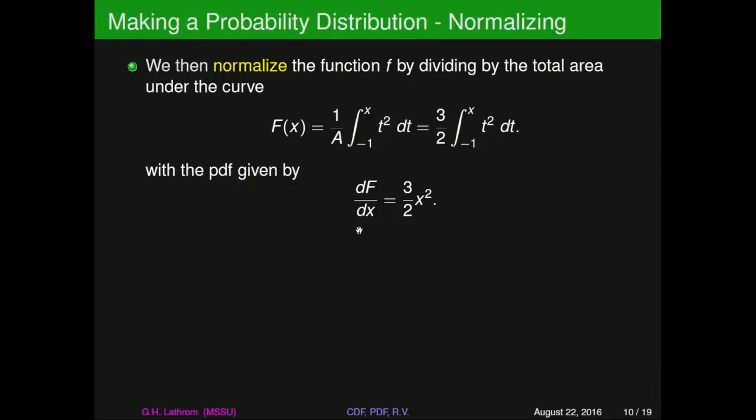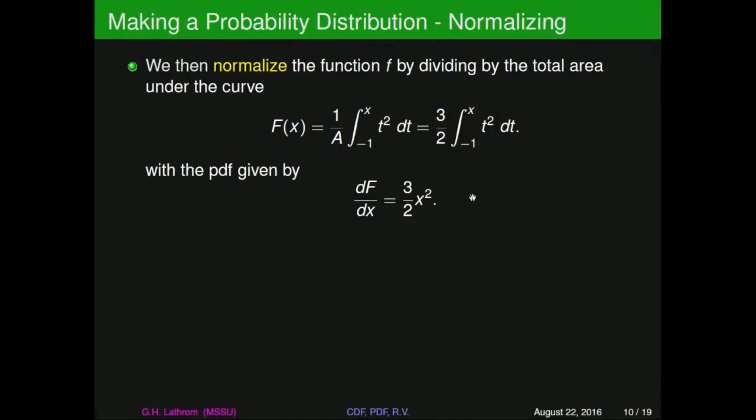If we take the derivative of that, we get our original function, but multiplied by a constant that guarantees that all of our probabilities will have values between 0 and 1. That's really what we mean by normalizing the function.